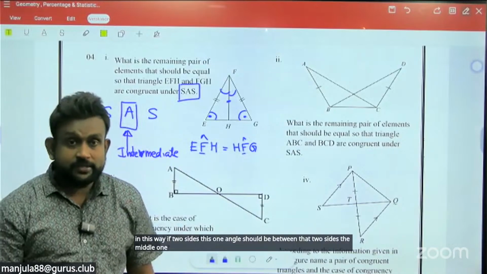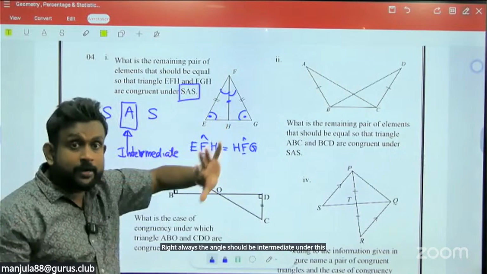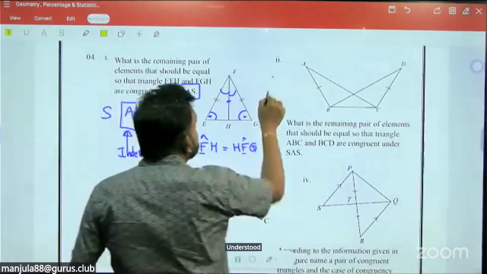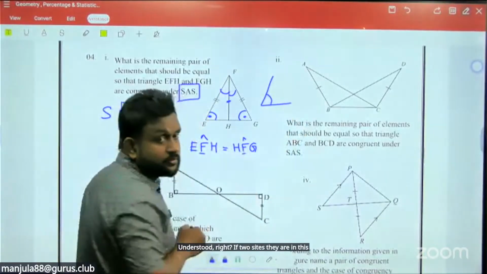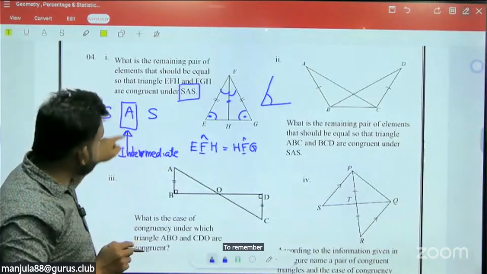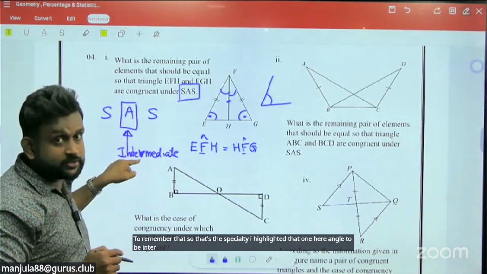Always the angle should be intermediate in this case, not any other two angles can be taken. Understood? Right. If two sides are in this way, the angle should be intermediately there. Remember that. That's the specialty. I highlighted that one here. The angle should be intermediate. Okay, that should be checked.